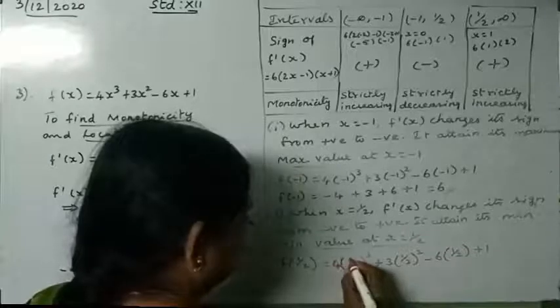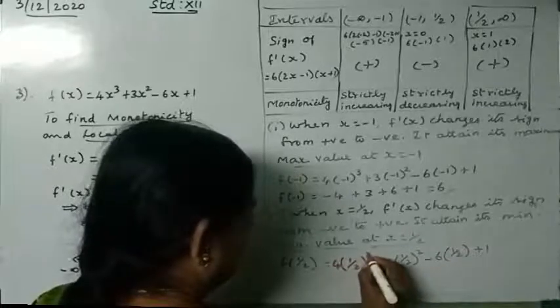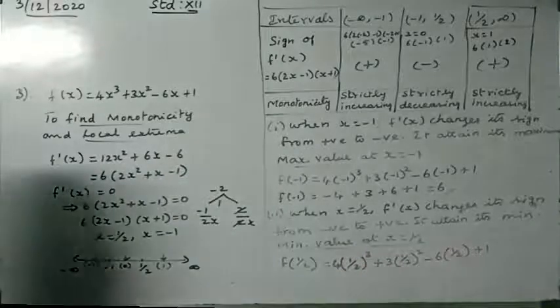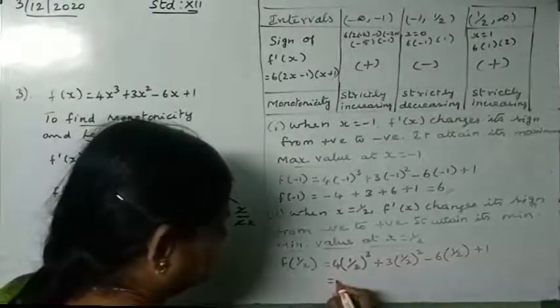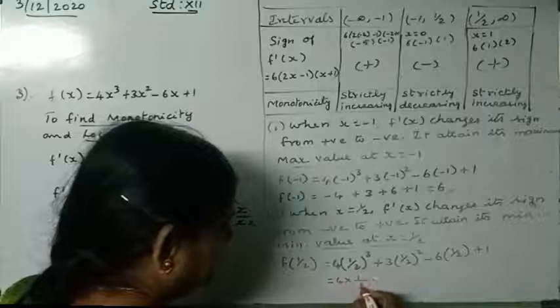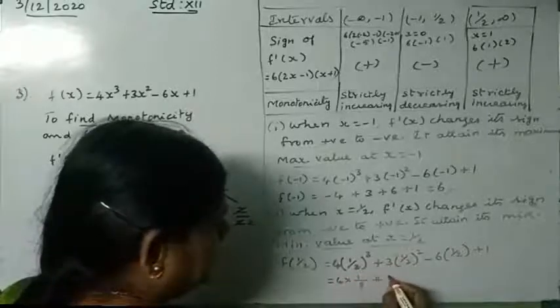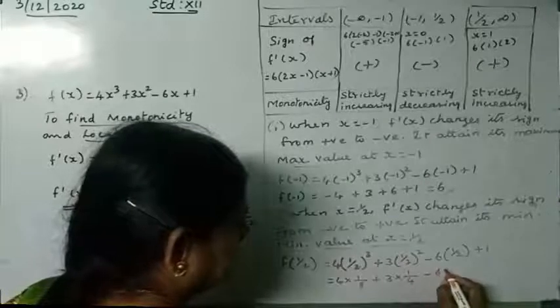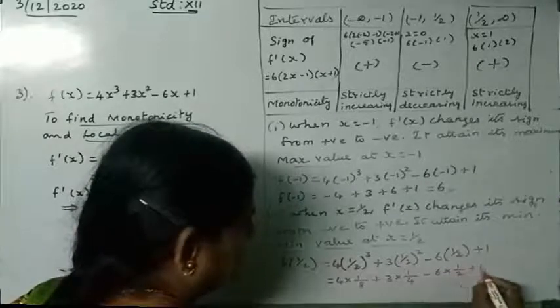It is 4 into 1 by 2 the whole cube. So 1 by 2 the whole cube is 1 by 8, 2 power 3 is 8. So 4 into 1 by 8 plus 3 into 1 by 4 minus 6 into 1 by 2 plus 1.